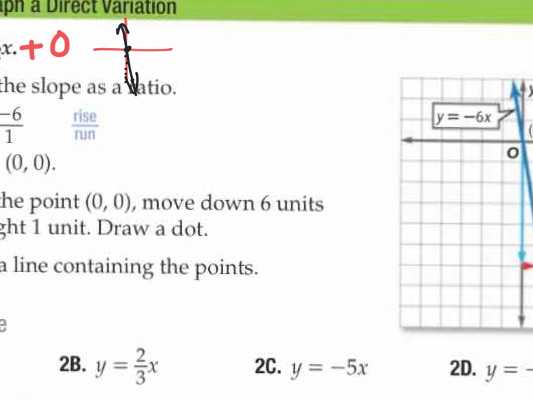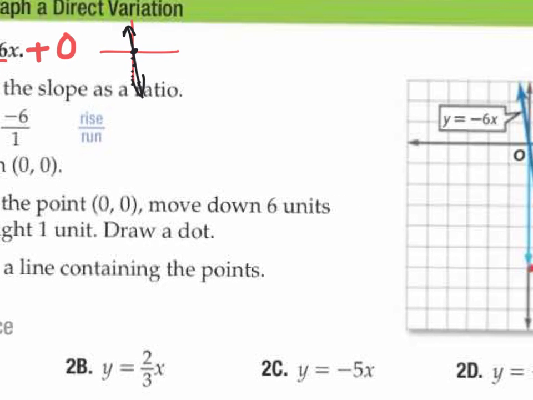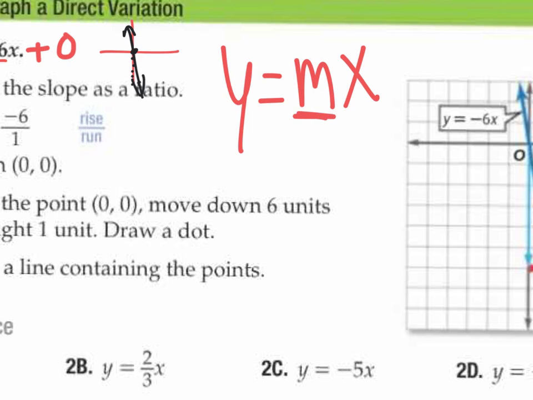And once again, all direct variation equations are going to look like this. Y equals a number x. And we already know that this number right here is slope. It does not have a number being added or subtracted, so you could put plus 0. That way it'll help you remember that you could start at 0 on the origin and just go rise up if it's positive, rise down if it's negative, and run with whatever's underneath your m value.